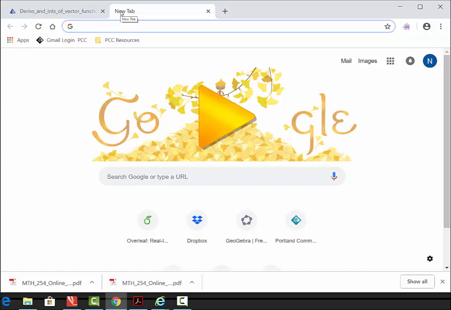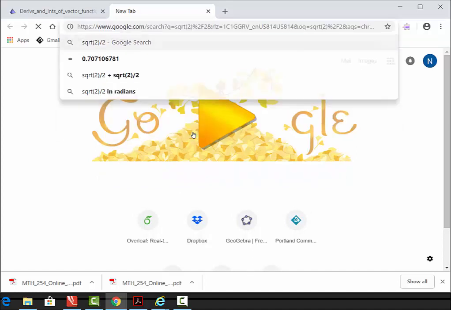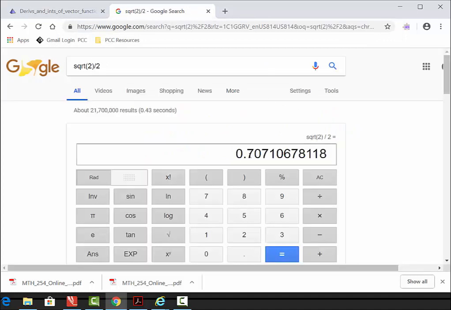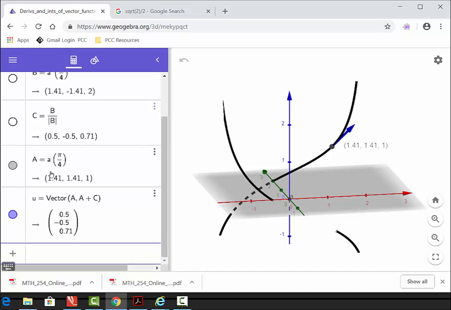Let's just, in Google, square root of 2 divided by 2 is 0.71, rounded. And so we can say, okay, our point is a of pi over 4, that's our starting location, and then this is the vector from a to a plus c, so this vector has a length of 1, like so.